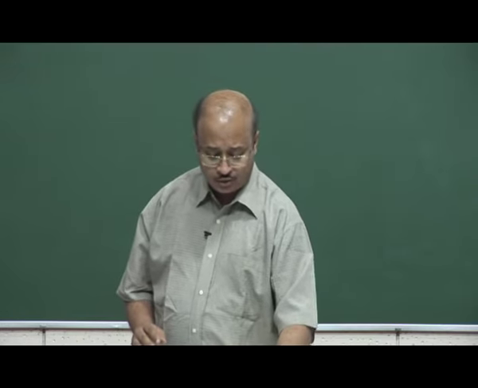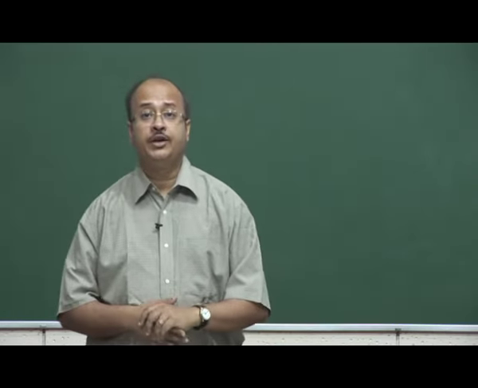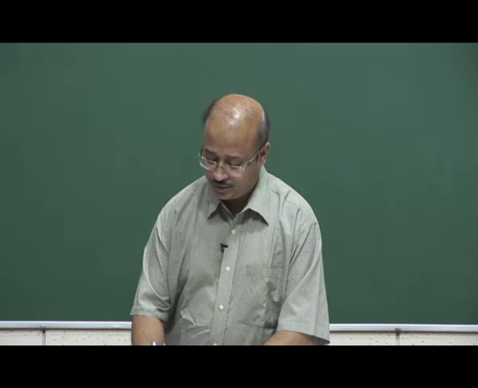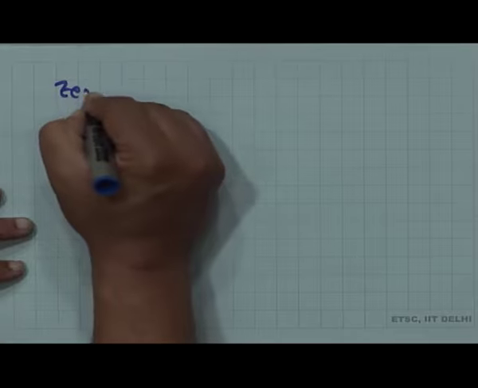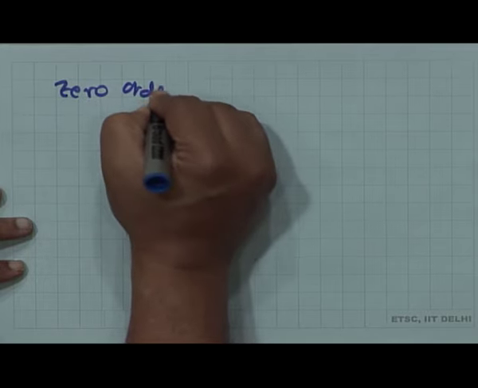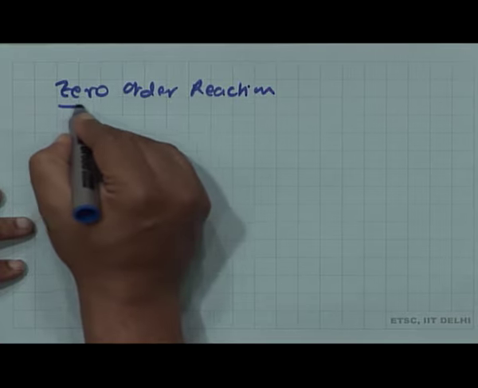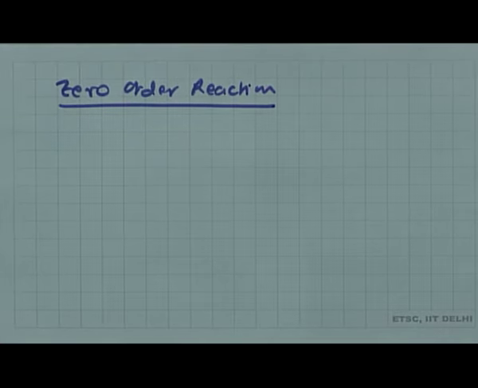Okay. Now, let us move on to the thing we started with, the integrated rate expression. So, let us start with one of the simpler ones, which is a 0 order reaction. Okay. Let us start with this. Now, this is obviously very simple.